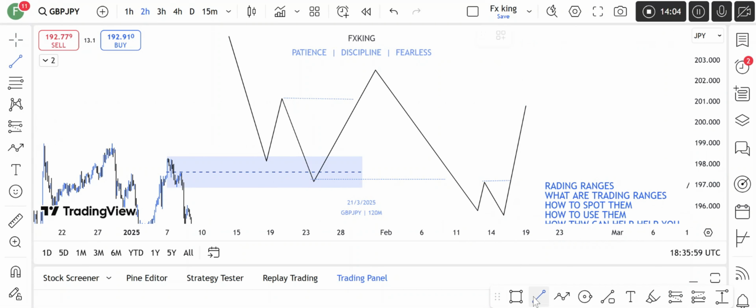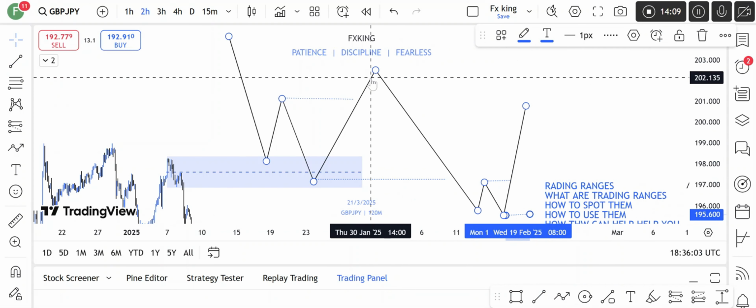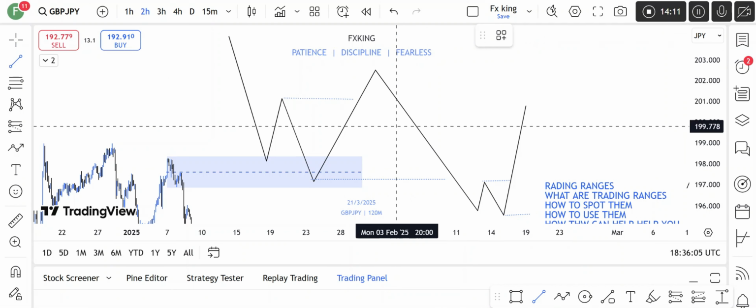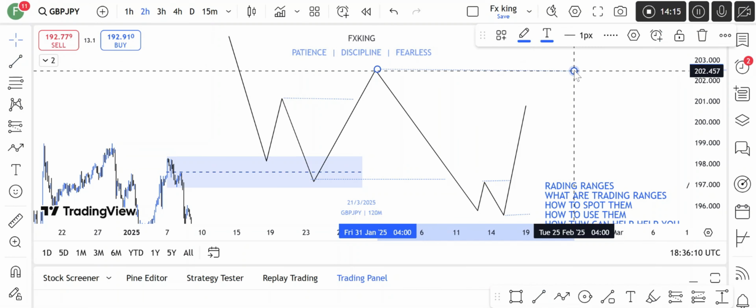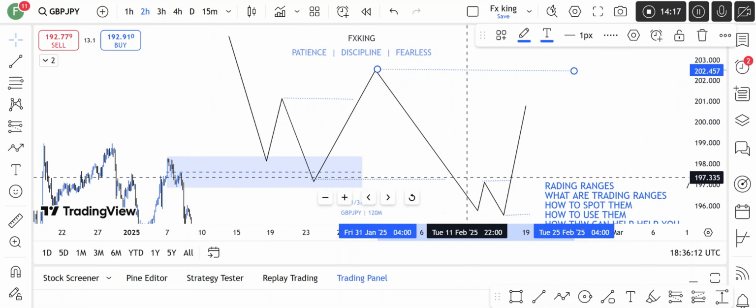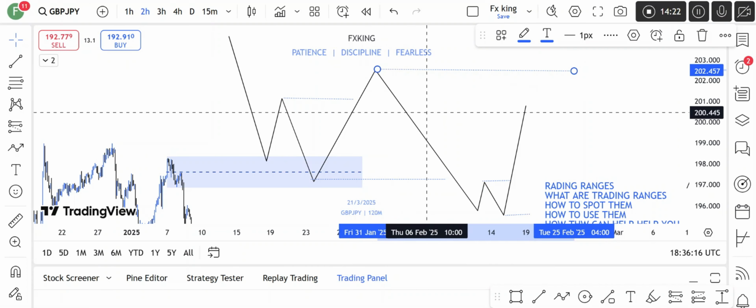This last inducement we have here is within our trading range, from that low to this high. So this is where our trading range is. We have already eliminated this section down here, so we start looking from above there, from our trading range, which is a valid order block.